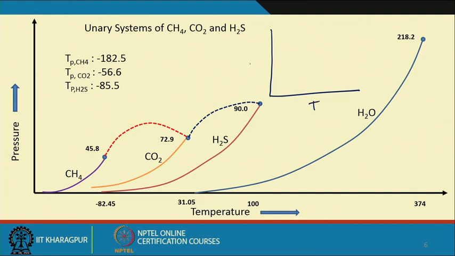This is temperature and pressure. This is the critical point of water, which is 374. With increasing carbon dioxide, we find that we can trace the critical curve up to a certain value of the concentration of carbon dioxide in the water.